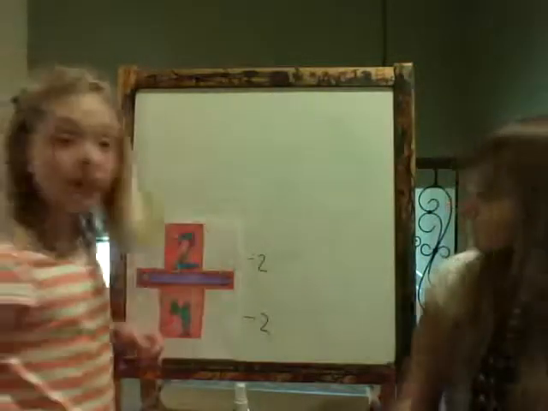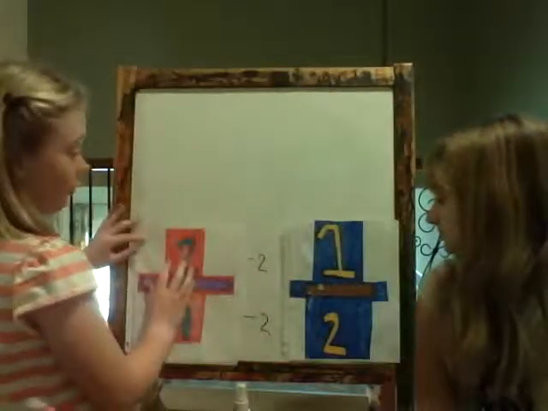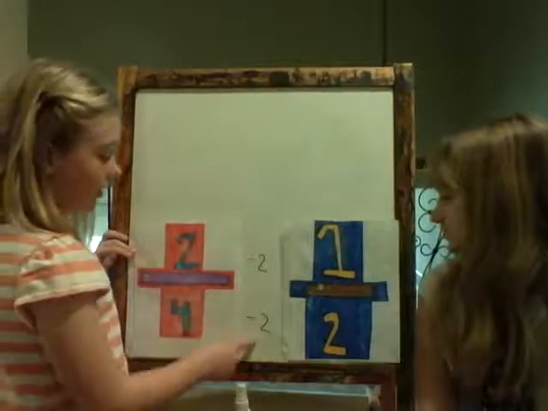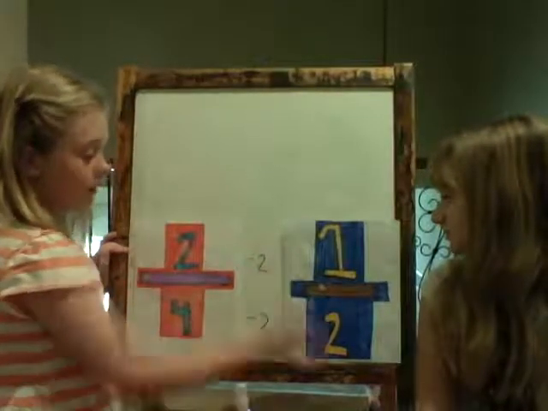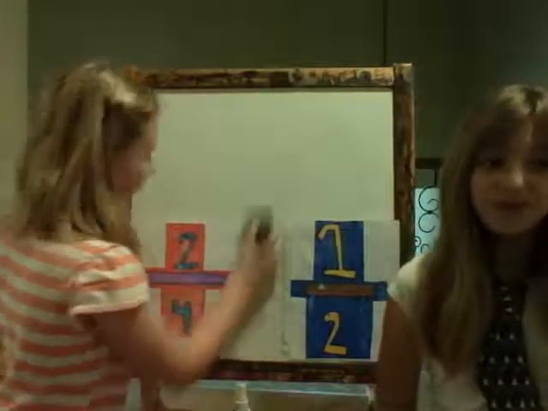Believe it or not, yet again, it can be reduced farther. You have 2/4 divided by 2 is 1, and 4 divided by 2 is 2. So 1/2 is the farthest that you can simplify this fraction. That is correct. 1 point for Brooklyn.